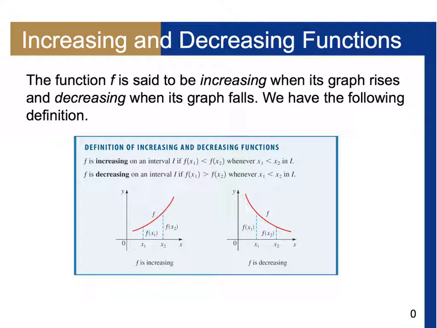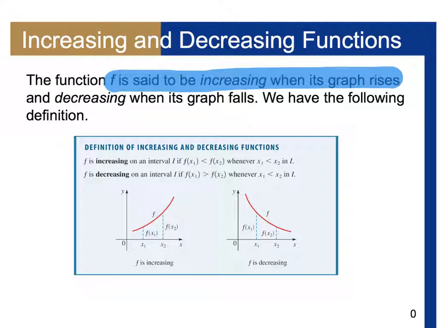Okay, so we can say that a function f is said to be increasing when its graph rises and decreasing when its graph falls. Okay, and then our formal definition is this. Okay, f is increasing on an interval I. We'll call it capital I, some interval. Now we're saying whenever x1 is less than x2, in other words, x1 is to the left of x2, so we're going this way, left to right, in our interval, and that means the y's go from smaller to larger.